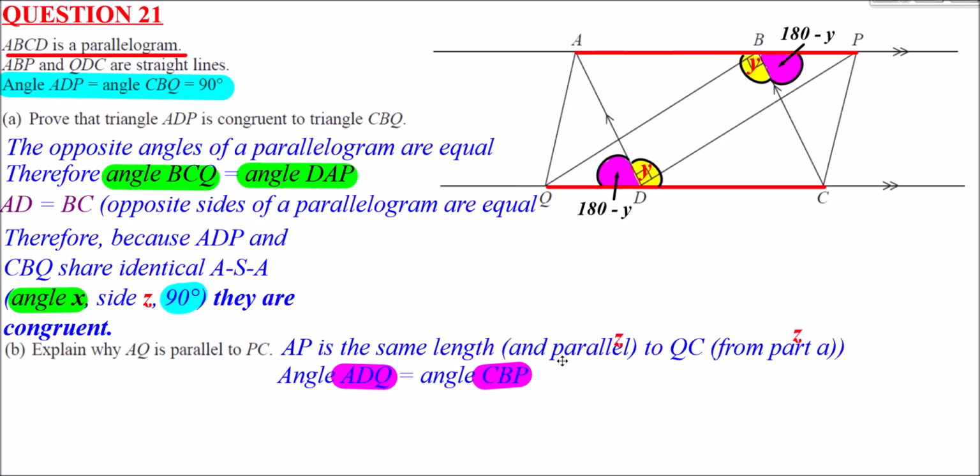As well, AD is the same as BC because they're opposite sides of the same parallelogram. So AD and BC are the same. Call them Z, for example.